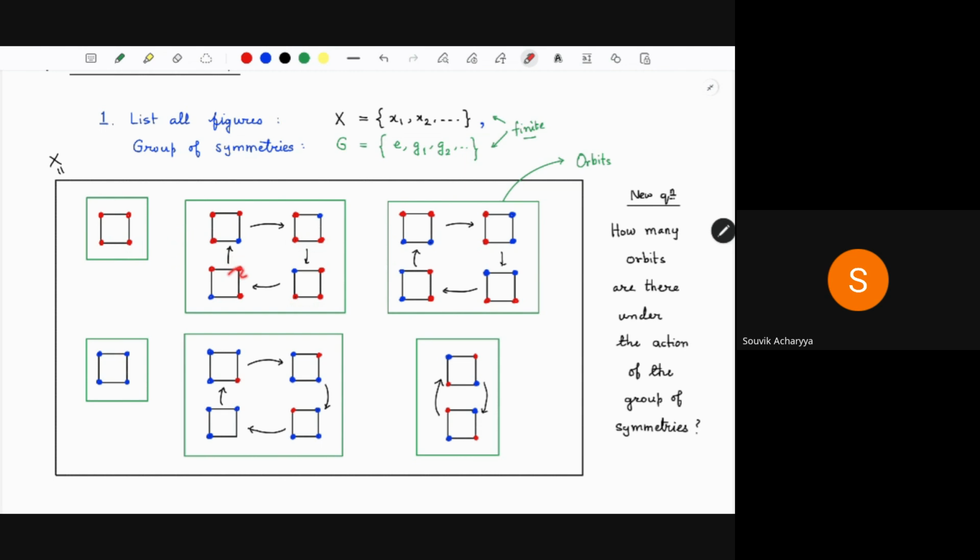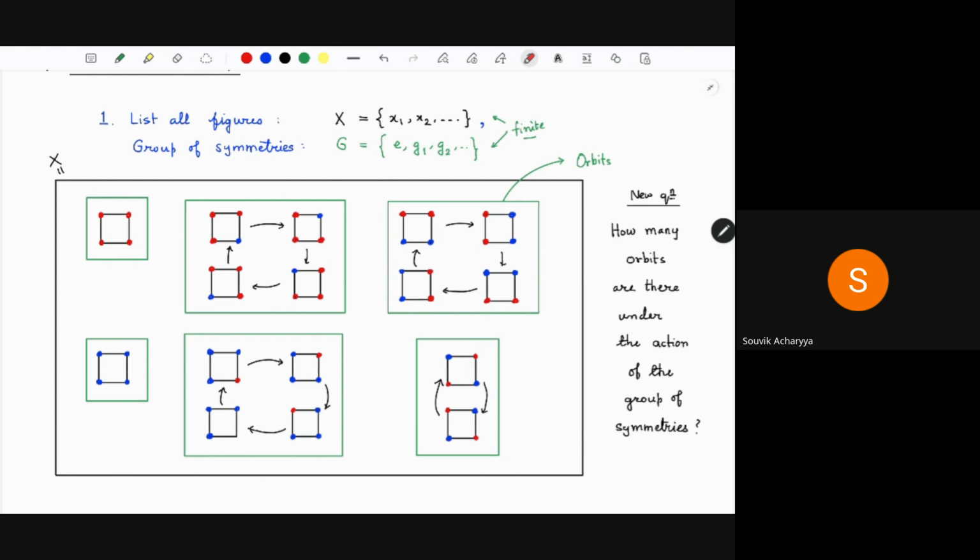So by the action of this group, by multiplying rather, acting upon X by elements of this group, we can take it here, then here, then here, then here. In particular, these are just rotations. Similarly, this configuration can move around here by action of the group and so on. However, there is no way of taking this configuration to this configuration using any element of the group.